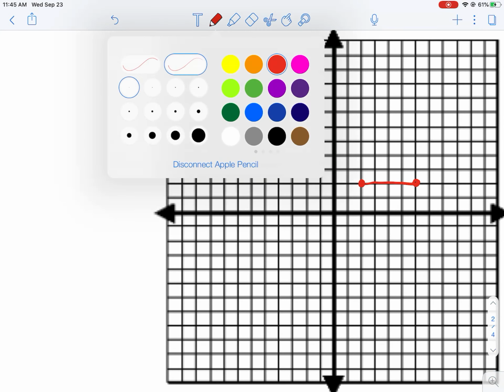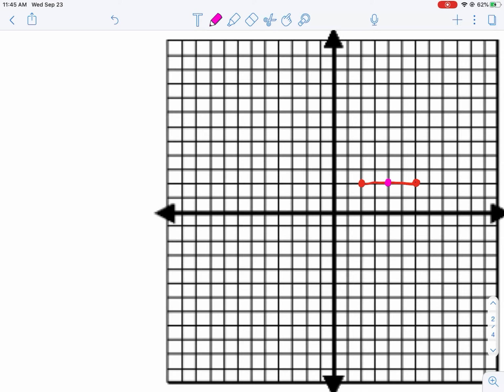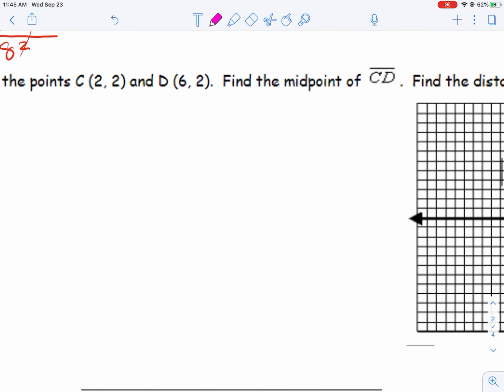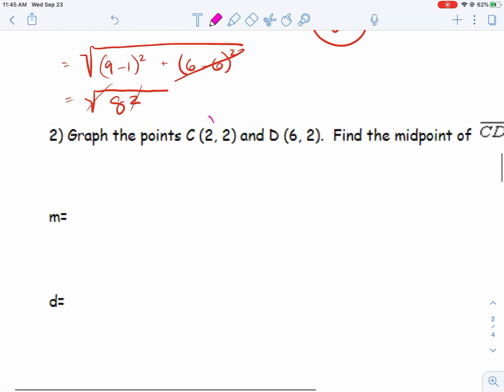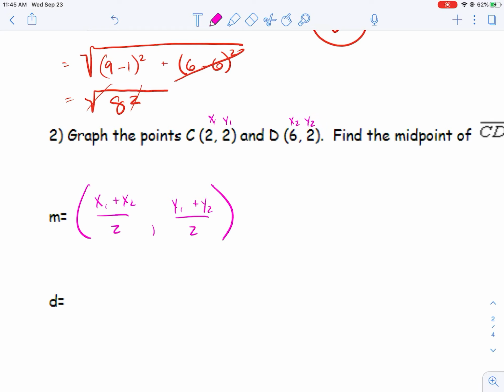Whew, it's going to be a toughie. I'm going to guess it's going to be here, but let's verify to be sure. I'm going to label this x1, y1, x2, y2. Our midpoint formula is x1 plus x2 divided by 2 over y1 plus y2 divided by 2.